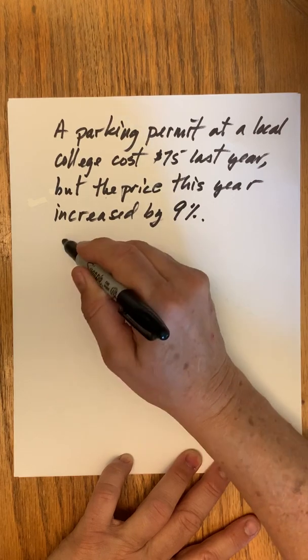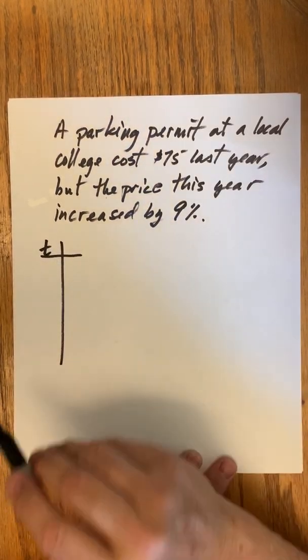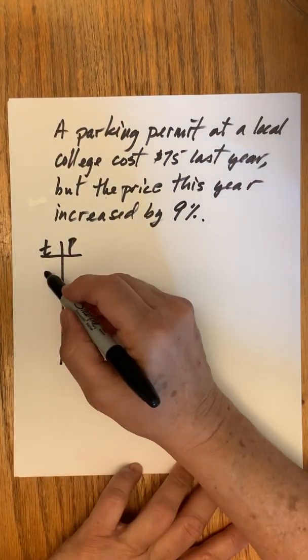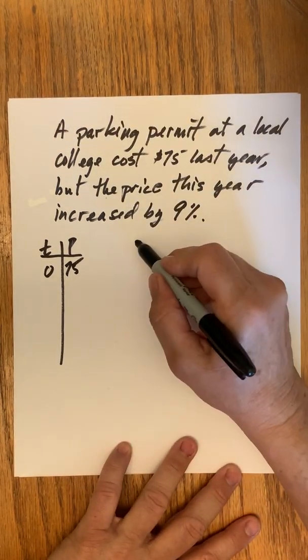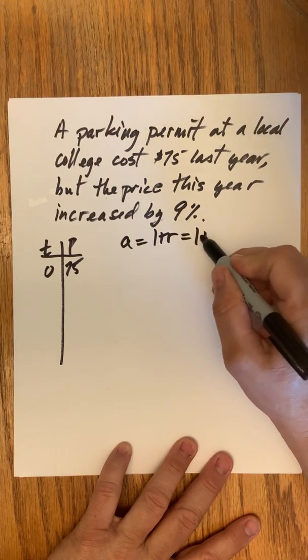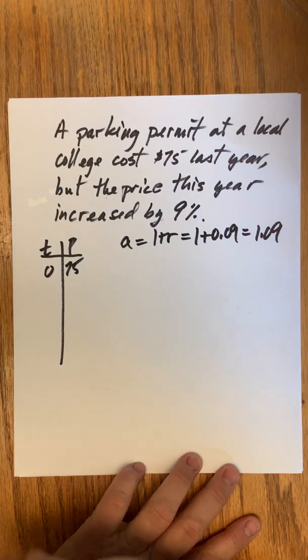So if we have here, t is in years, and then the parking permit, what it costs, you start out at $75, and then what happens? You're looking at a = 1 + r, which is 1 + 0.09, which is 1.09, right?